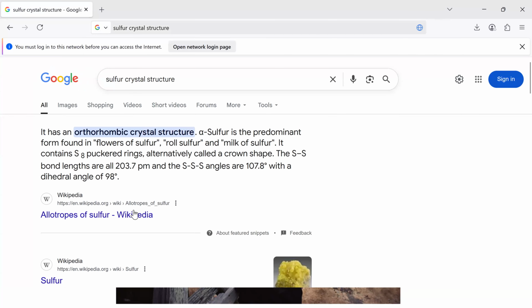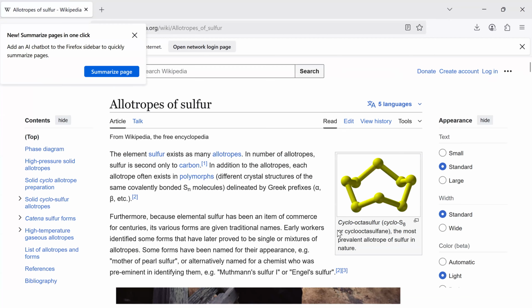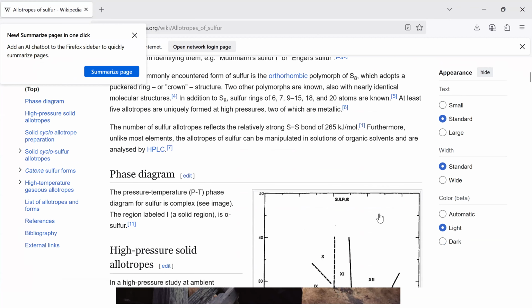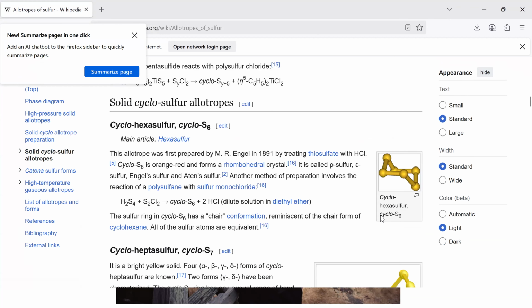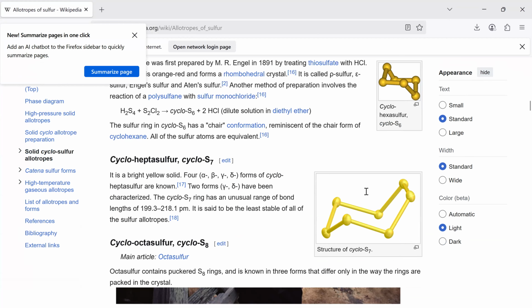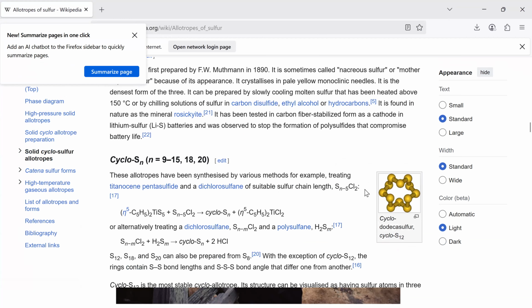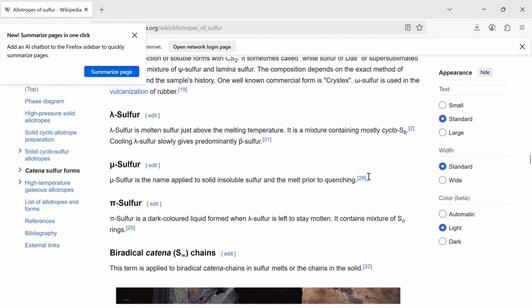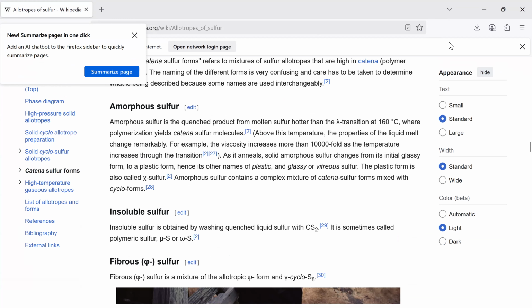MolView works best. So there's S8. Instead of being diatomic, sulfur makes this S8 ring structure. And then there's an S12 ring structure as well under different conditions. You can also get sulfur as an S6. Basically, you wind up with all these other strains. So the diatomics are the simplest ones.